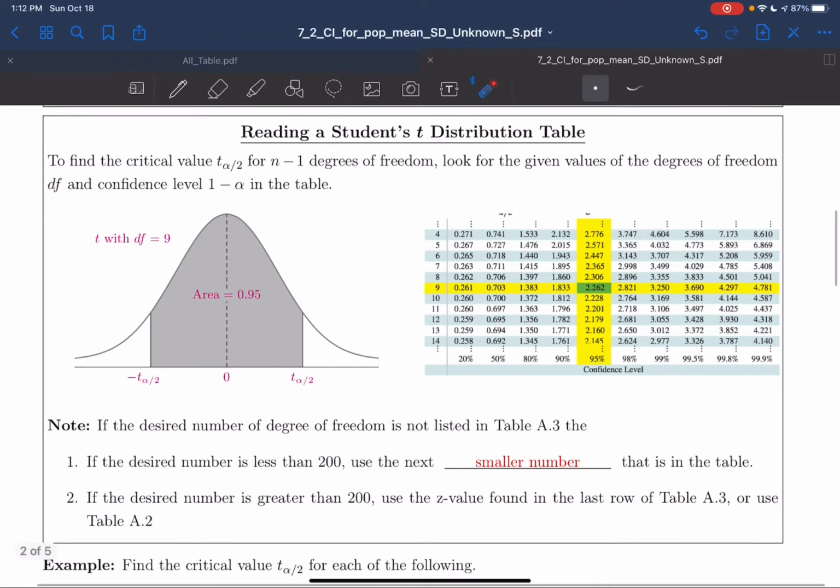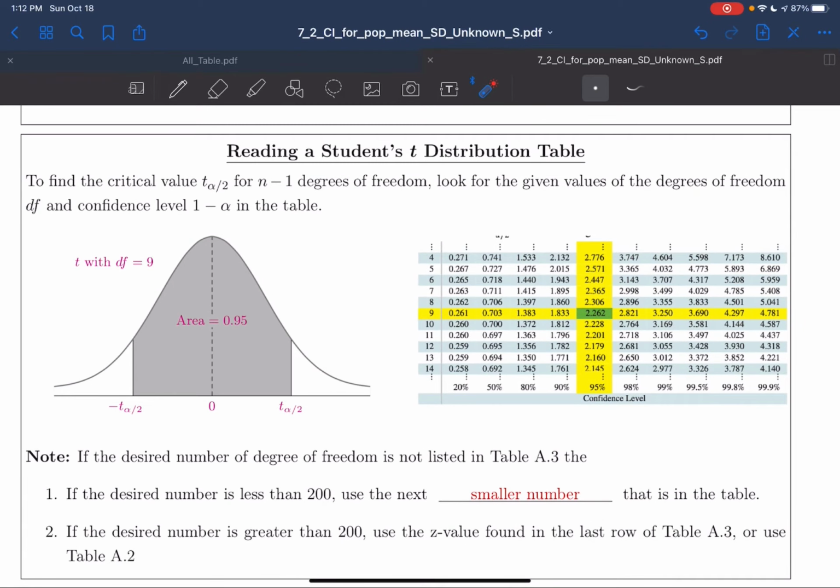So for example, let's say you want to find a critical value where your confidence level is 95%. So the area between these two values is 0.95. And let's just say, for example, that your degree of freedom was 9.